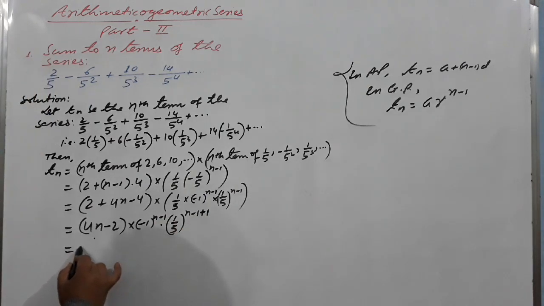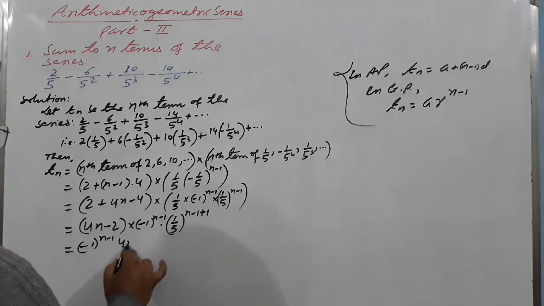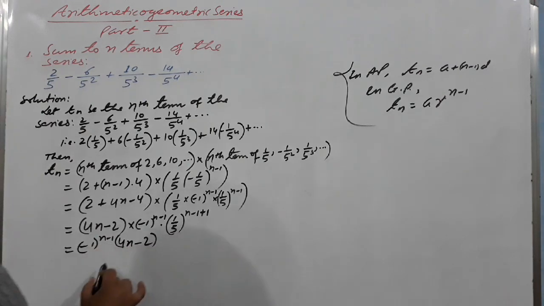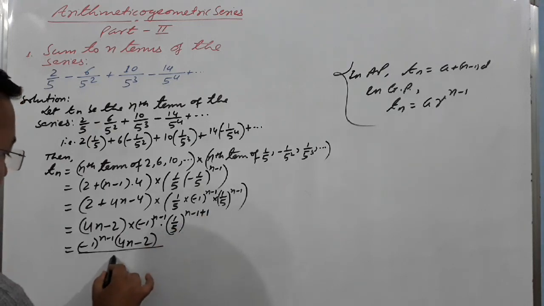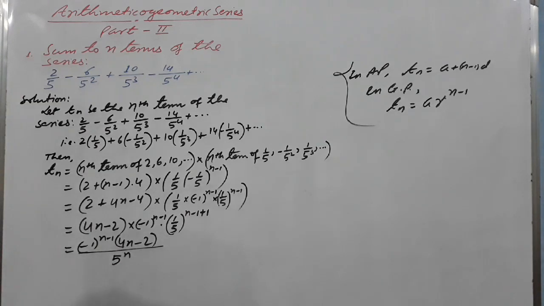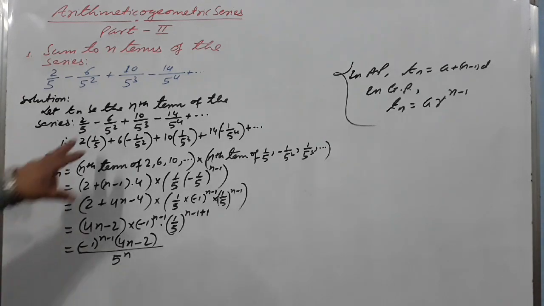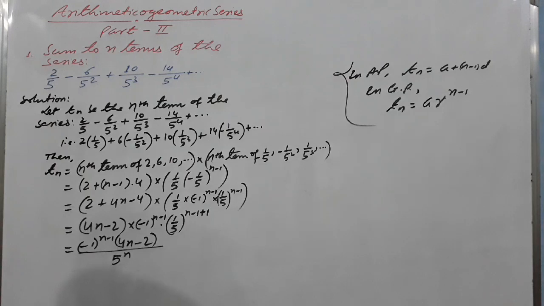We are going to get minus 1 raised to power n minus 1 times 4n minus 2 over 5 raised to power n. So this is the nth term of this series. I don't think you have any problem now. I'm pretty sure you have no problem. Okay, this is the nth term of the series.